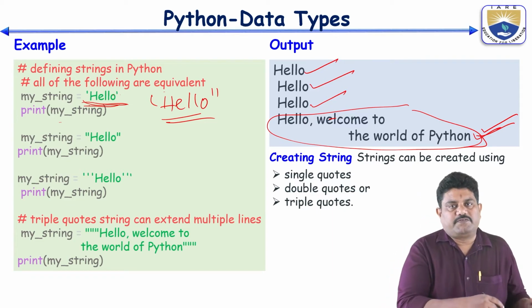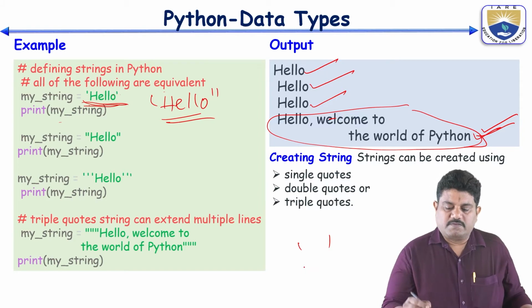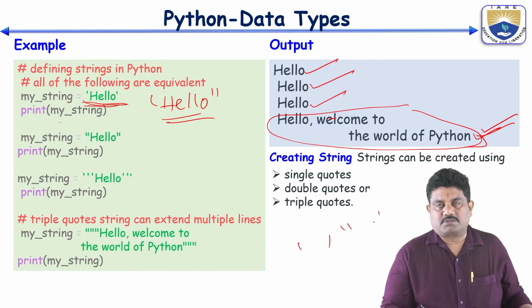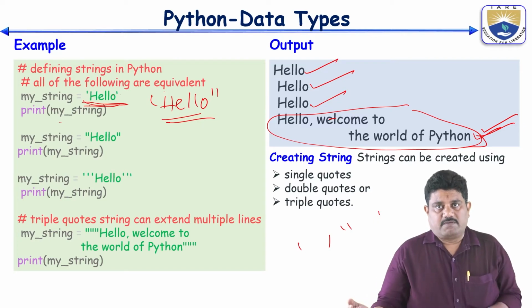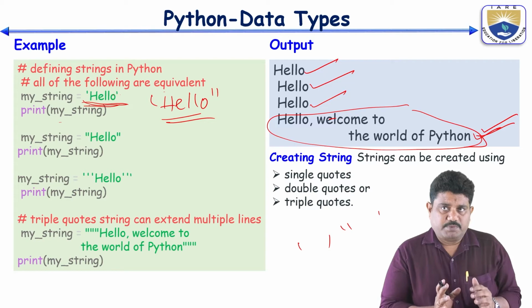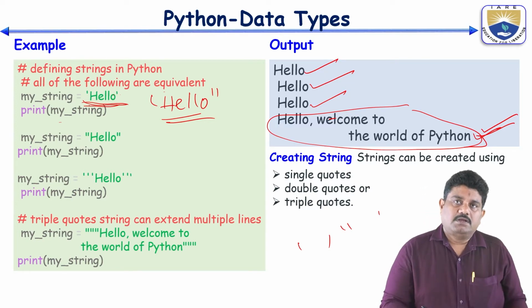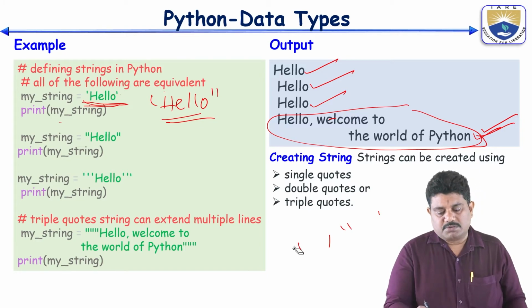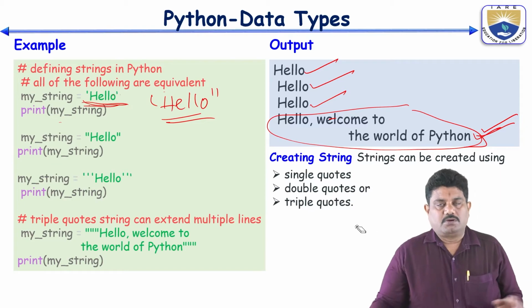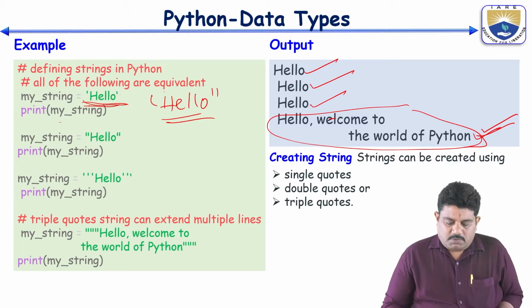For example, if we take C, for a character you have to use single quotes, and for a string you have to use double quotes. So in languages like C and Java, there are specific meanings for single quotes and double quotes. But in Python, while initializing strings, you can use either single quotes or double quotes or triple quotes also. So all are treated the same. Okay. And next, we'll move on to the next slide.